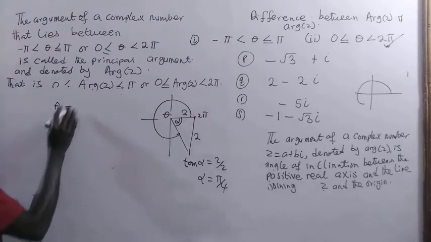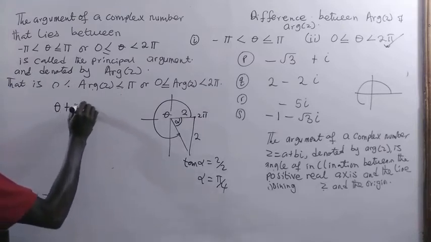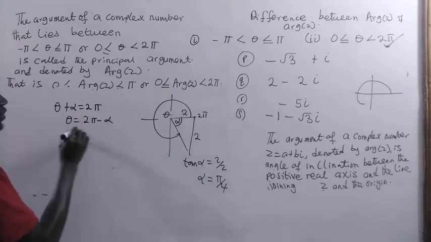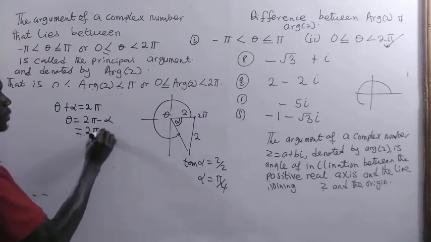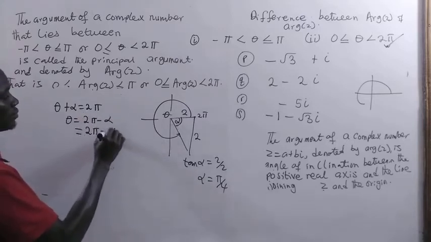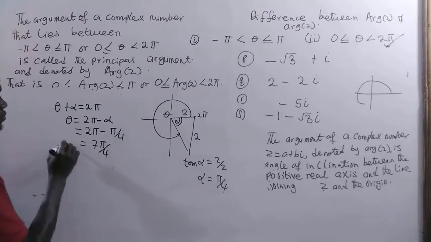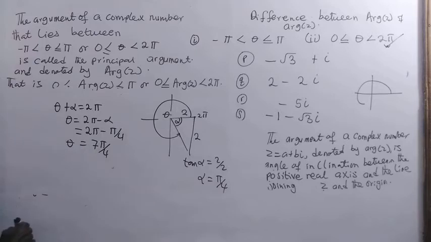So theta plus alpha equals 2 pi. Theta will be equal to 2 pi minus alpha, and that will give us 2 pi minus pi on 4, and that will give us 7 pi on 4 as our theta.